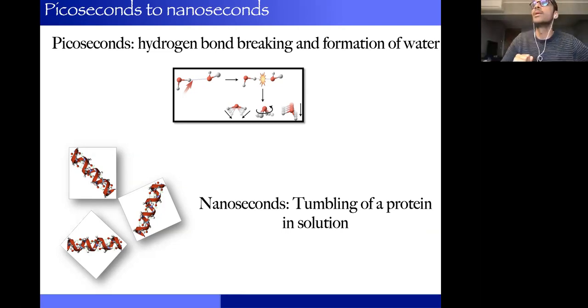But now let's say you were to look at the energy, the energy which goes into the heat capacity of the system. That may be relaxing on a slower time scale.